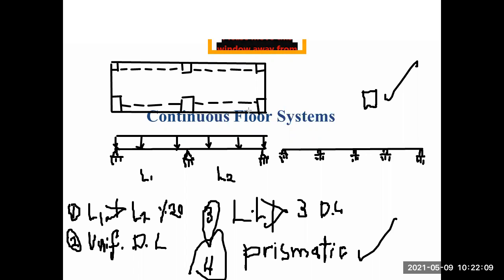And what kind of cross section do you think that this beam would have?